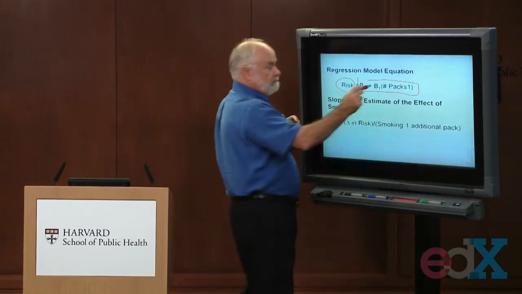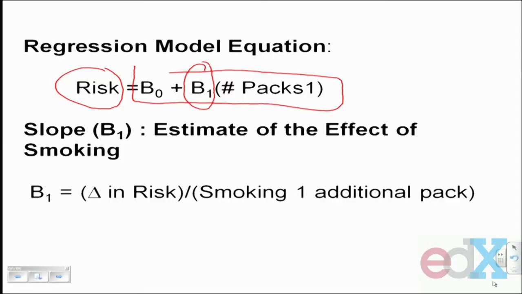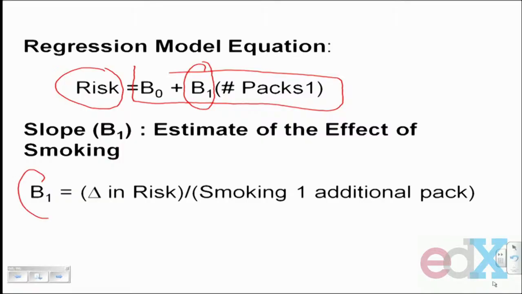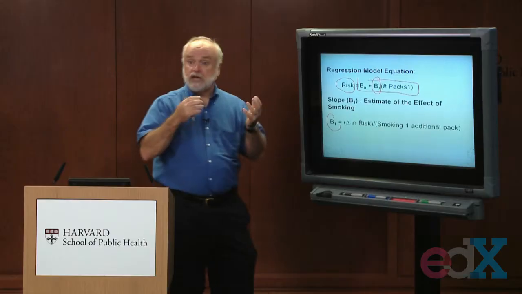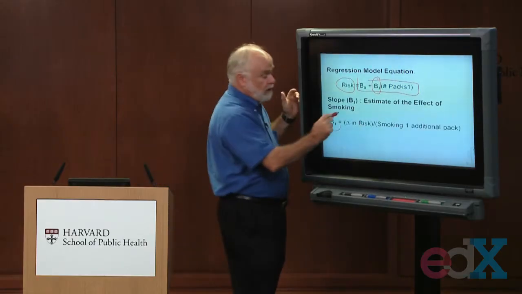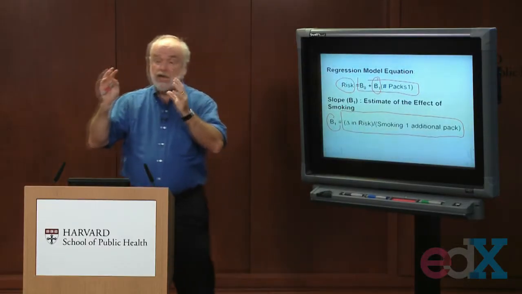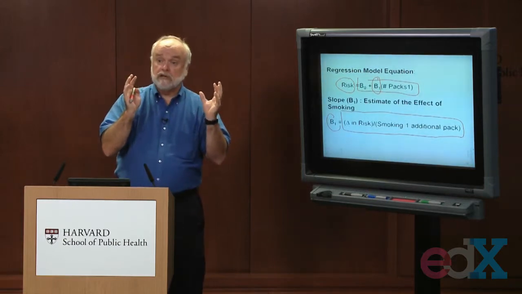So B1, the coefficient of Pax 1, is the same as m, the coefficient of x in that previous example. It's a slope coefficient. B1 is showing you how much your outcome, your risk, changes when you smoke one additional pack of cigarettes a day. Remember, a slope is nothing more than the change in y per unit change in x. Y is a person's risk.